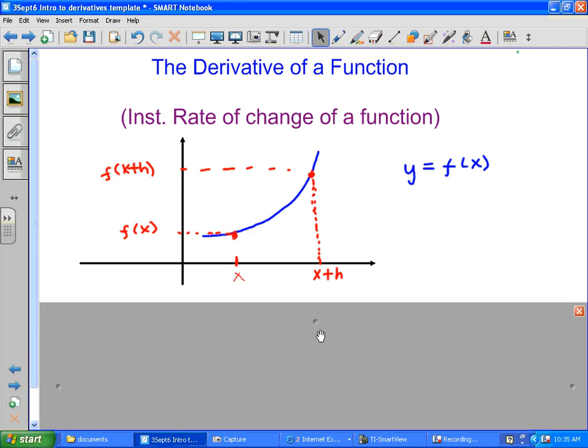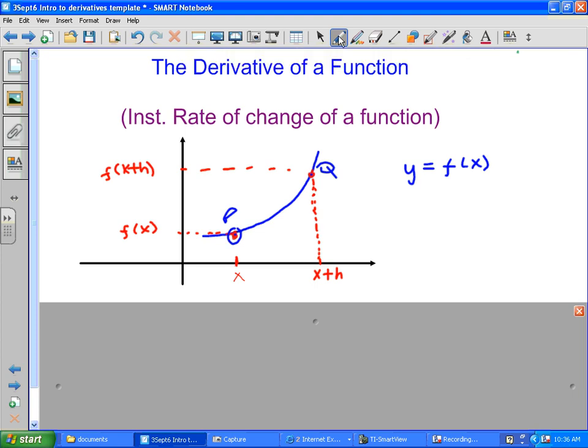In the example we worked a few moments ago, we had time on the bottom. Here we're just calling the abstract notation x. What we have is two points. This is the point P, and this is the point Q. We're trying to find the instantaneous rate of change of this function right at this point right here.